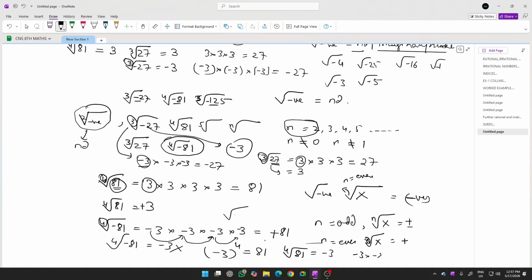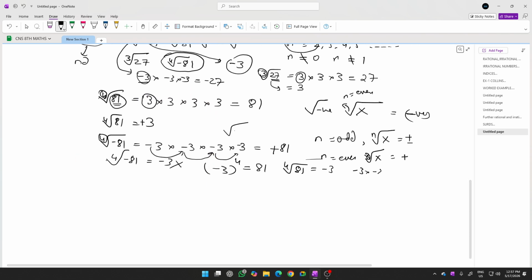So remember that the conversion of a number in the radical form into index form will be this: nth root of x raised to m will be equal to x raised to m upon n. Simple as that. And the reverse is also true.